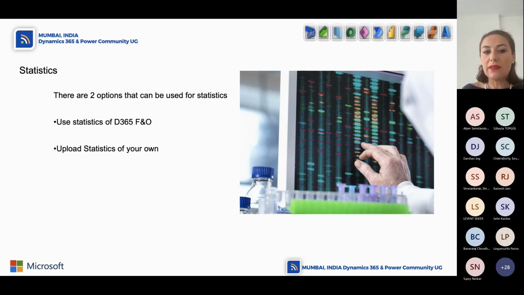When we come to the statistics, there are two options that you can use. You can use the statistics of 365 F&O, like production hours, sales quantities, and etc. Or you can upload your own statistics, and you can use both of them. For example, if you would like to have the square footage, you can directly upload that statistics and use that in the system.